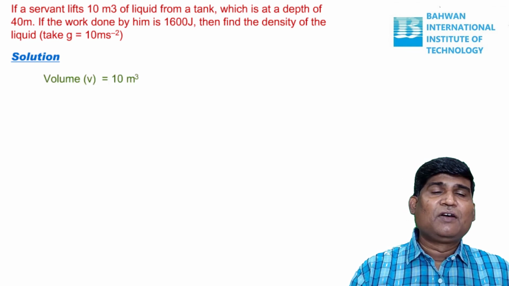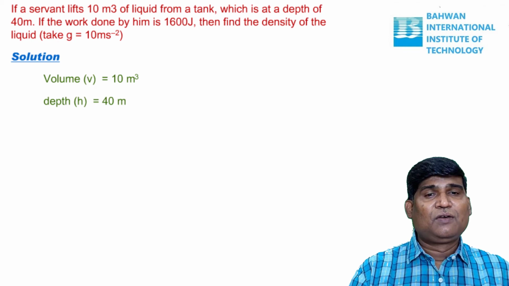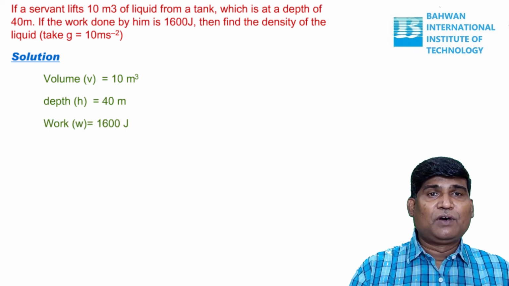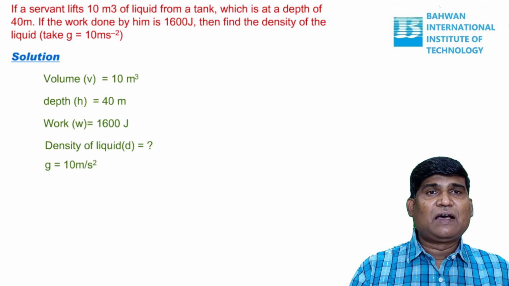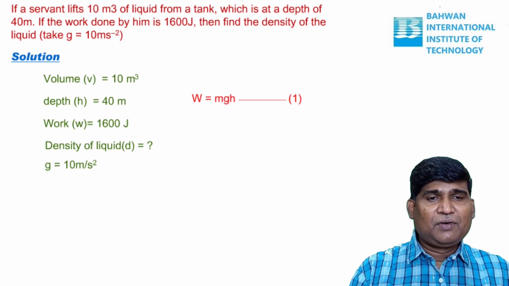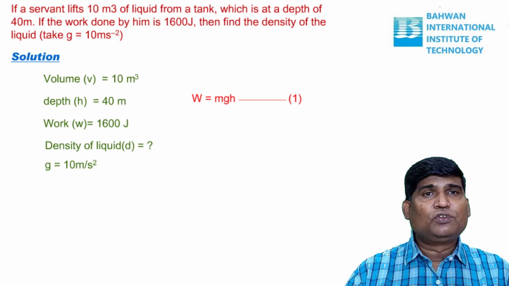Now let us see what we can get, right? I'm using the given first. Volume is 10 meter cubed, depth is 40 meter, and work done is 1600 joules. The density of the liquid we need to calculate. The g value is provided. Now we know displacement.